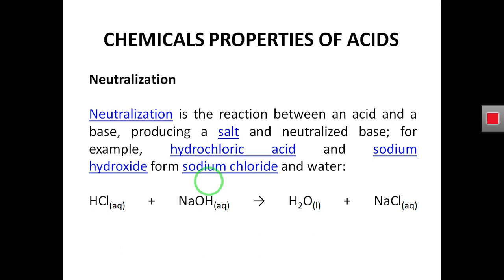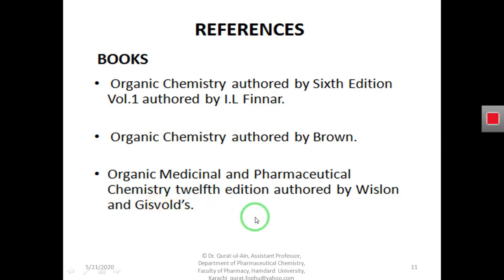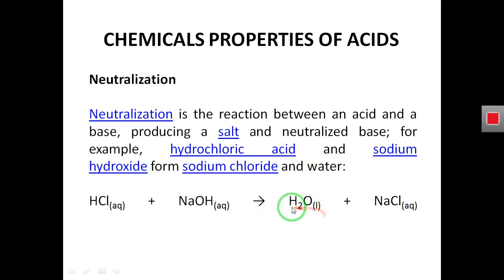For example, when hydrochloric acid, HCl, reacts with sodium hydroxide: HCl is an acid, hydrochloric acid, that is a mild acid. When this acid reacts with sodium hydroxide, which is a base, it produces water and sodium chloride.